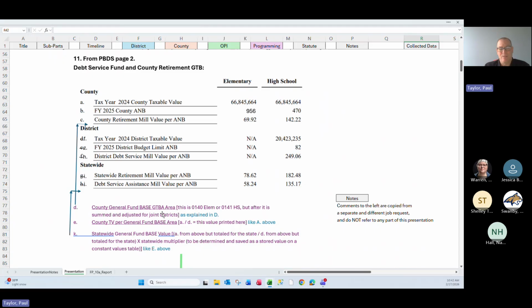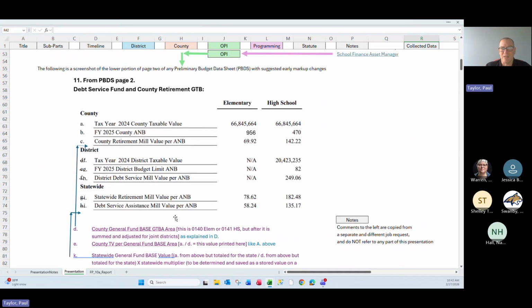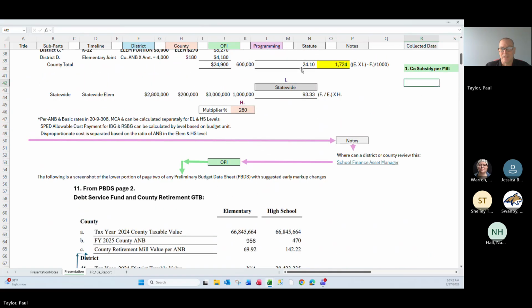That would be that 35.3 per basic and 40% of special ed. And it would be the total up for the whole county. We're talking about putting the county taxable value per general fund base area. So that would be the county taxable value divided by the levy area as described up here. This ratio right here.